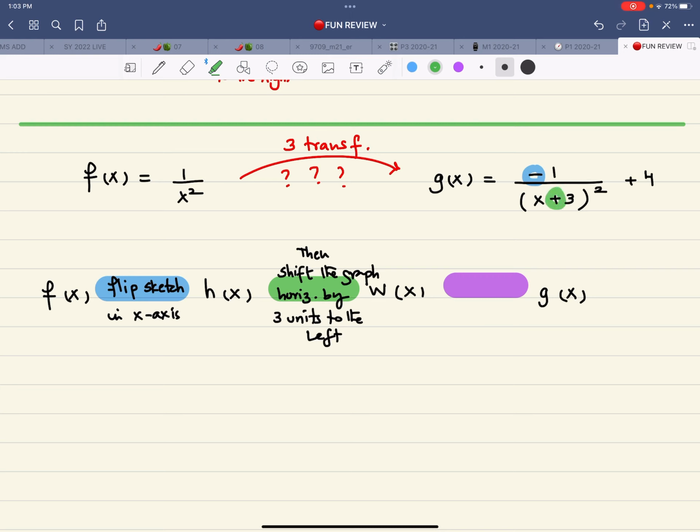And last but not least, translate the graph up by 4 units. So usually the examiner asks for 2 transformations. I have done 3. So this is the +4, and that's how this thing is done.